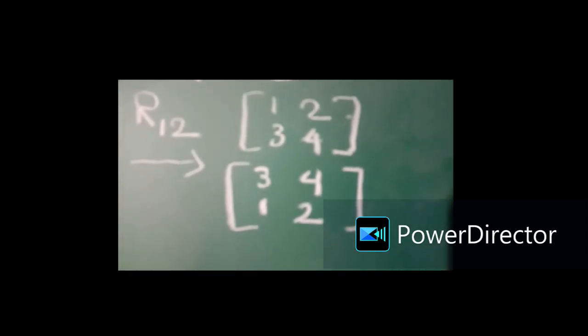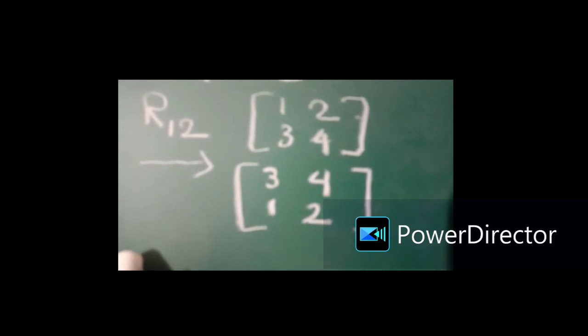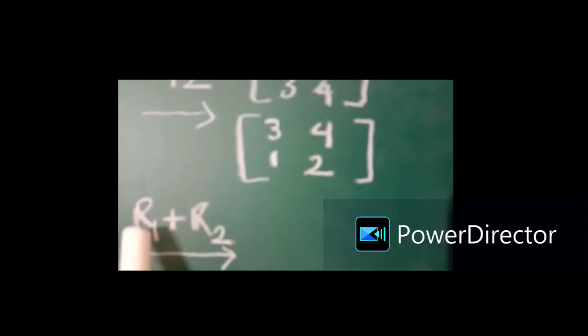I can add the elements of one row with the other row. So let's say I decide to add two rows, R1 plus R2. Now remember one thing, whenever we are adding like this or even subtracting or whatever other operation we are performing, which we will see, the first row which is mentioned undergoes a change, right?